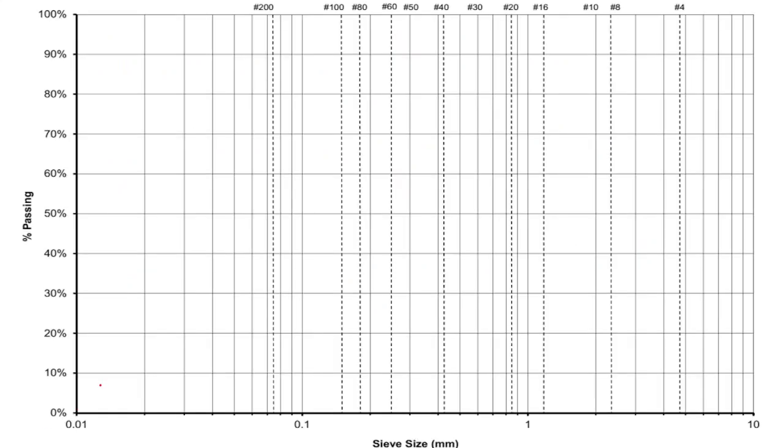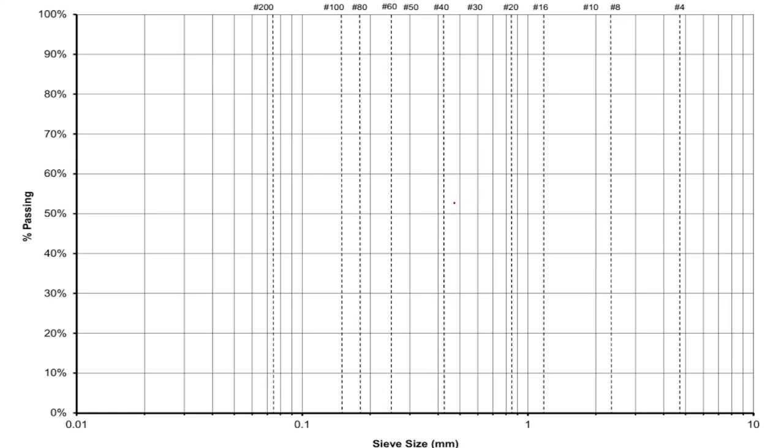So this is your semi-logarithmic graph. This is how it is. You bring each of those values and plot the sieve sizes with the corresponding percentage passing.